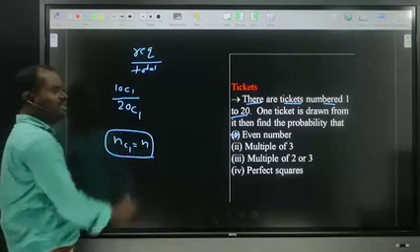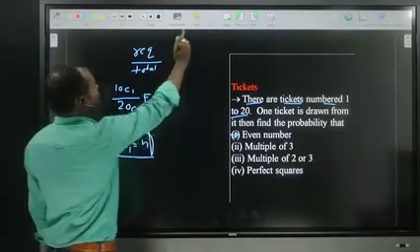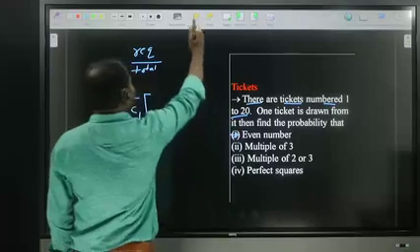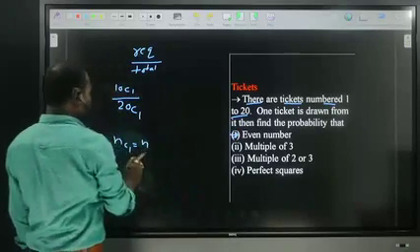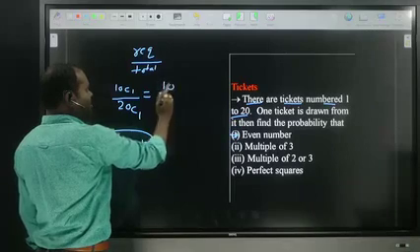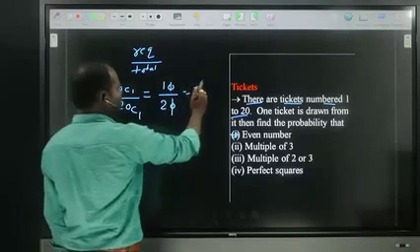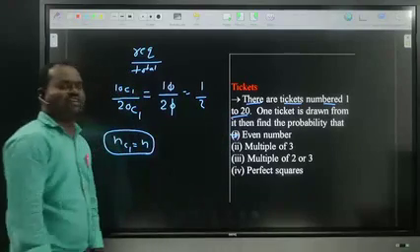Based on that, 10C1 means 10, 20C1 means 20. 10 by 20, nothing but the answer is 1 by 2.